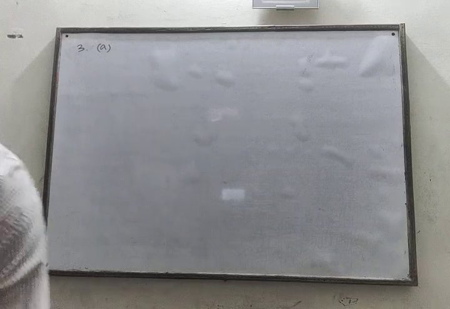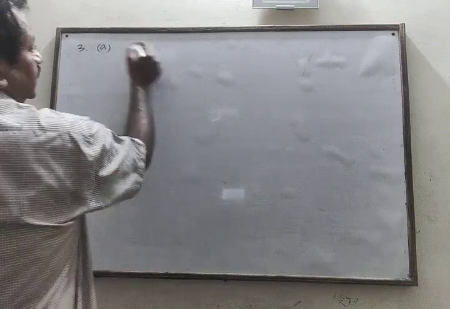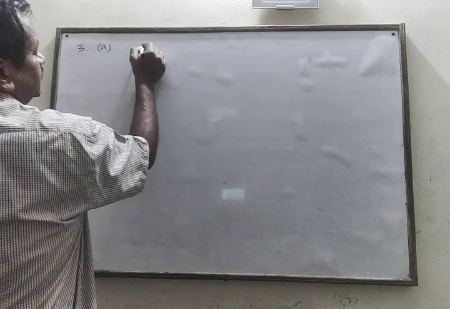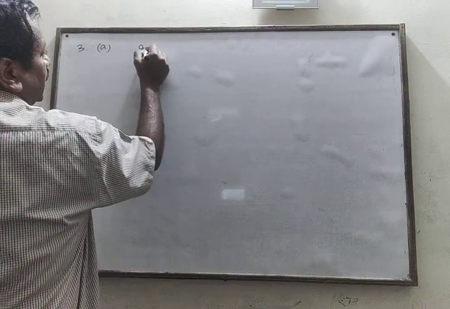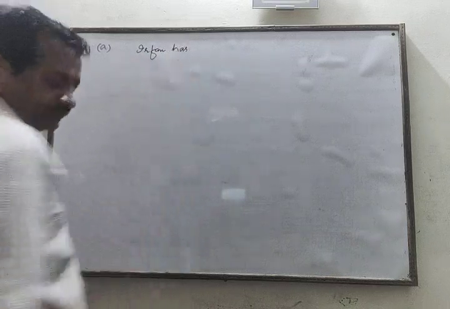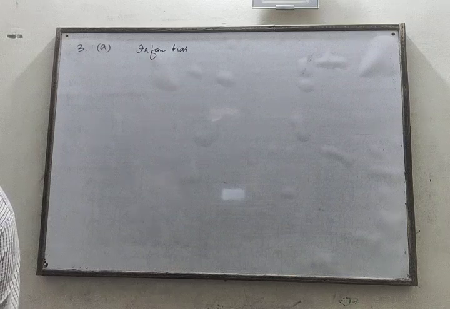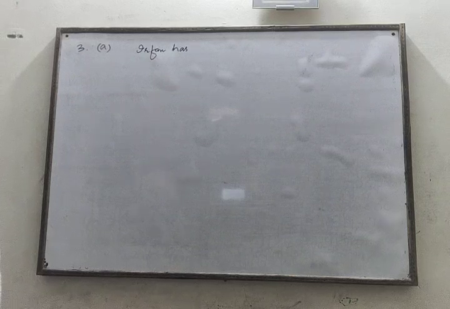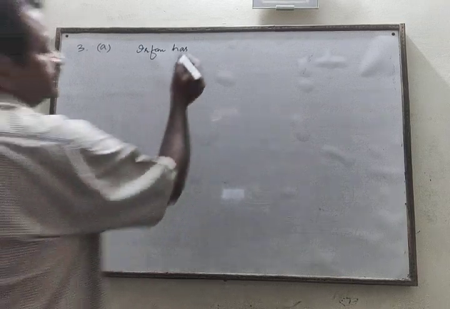Question number 3, A part. So first is the understanding level. Irfan says that he has it. It means in the understanding we are understanding the language. Irfan has 7 marbles more than 5 times the marble Parmeet has.